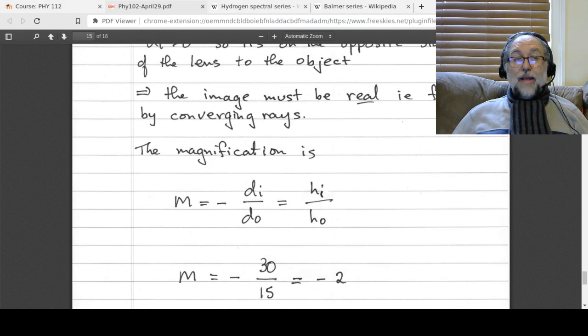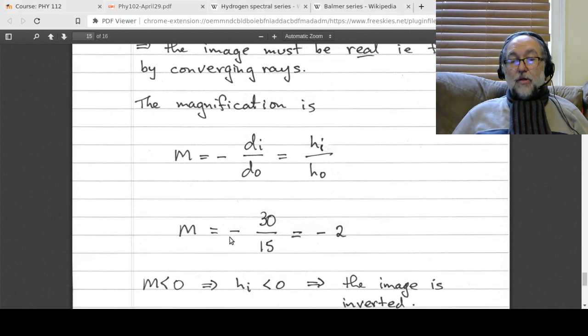The magnification is going to be given by this formula. Well, you have negative, di is positive 30, do is positive 15, so it's negative 30 over 15. That gives you negative 2. That means if HO is positive, then HI must be negative. So when you get a negative magnification, the fact that this is negative 2 tells you that HI must be negative.